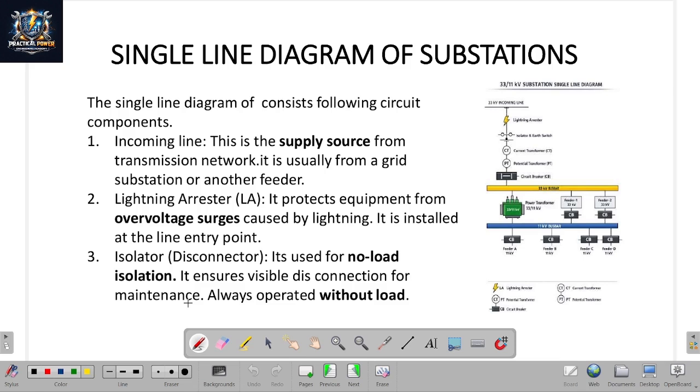It is always operated without load. When the system is isolated from power by the circuit breaker, the isolator becomes without load. At that time, it is operated to keep it in isolated form.